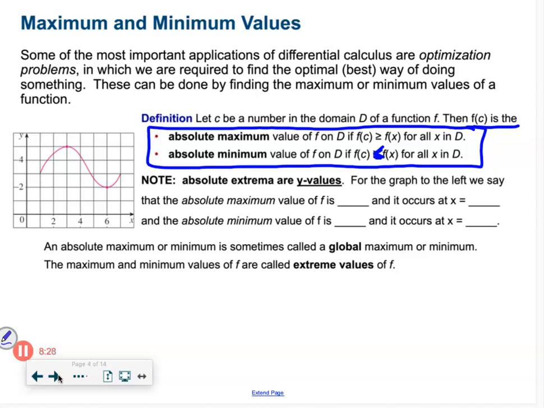Meaning, if F of C is higher than or equal to all the other y values on the function, then F of C is considered the absolute maximum value of the function. And then vice versa, if F of C is lower than all the other y values on the function, then F of C is considered the minimum of that function.